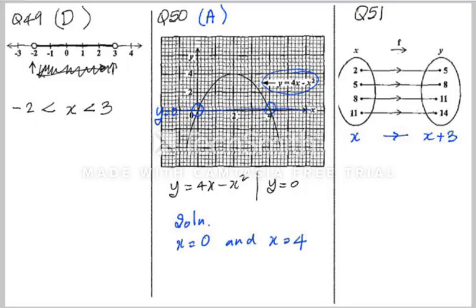If you look at each of them, you can see that to get the value of y, what you actually do is you add 3. So the function that best describes this is f of x is equal to x plus 3. All right, so the answer here is D.